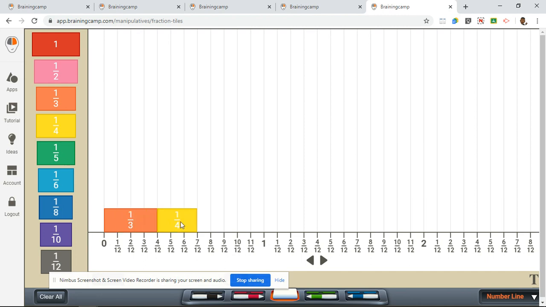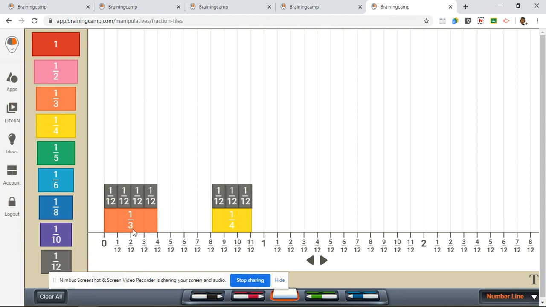Okay, so now let's take a look here. I want to figure out how many 12ths would be equivalent to this. So let me put my 12ths here. So 1/3 is equivalent to 4/12. And 1/4 is equivalent to 3/12, right?